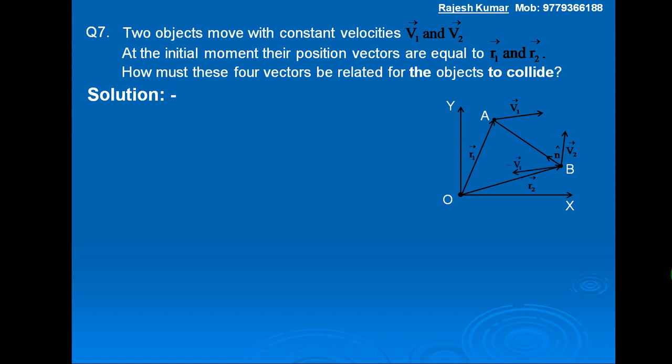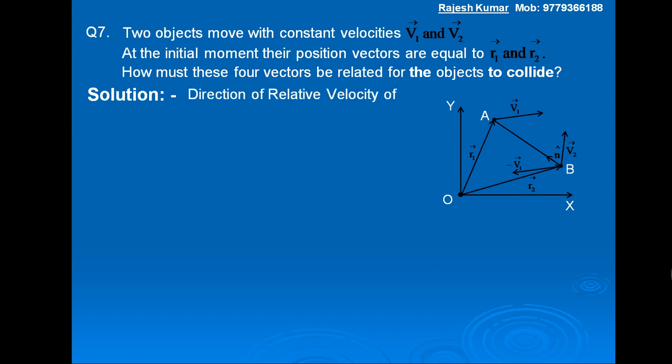So the direction of v2 vector plus minus v1 vector, that is v2 vector minus v1 vector, must be directed from B to A. That is, the unit vector of the relative velocity of object B with respect to object A must be directed along the unit vector n cap.